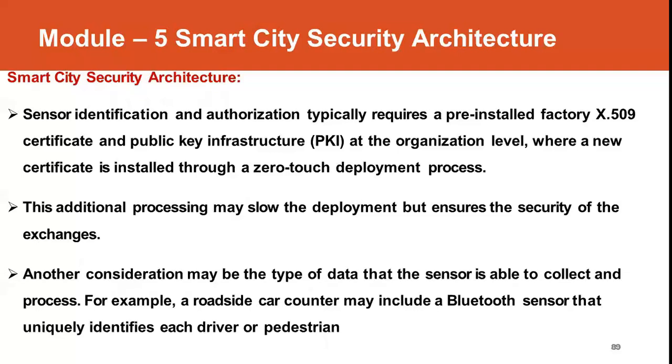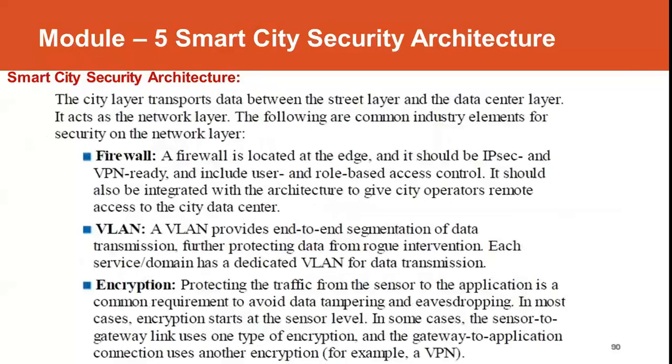For example, a roadside car counter may use a Bluetooth sensor that uniquely identifies each driver or pedestrian. So different sensors will be there, each one working on a different protocol, and thus needs different security features also.